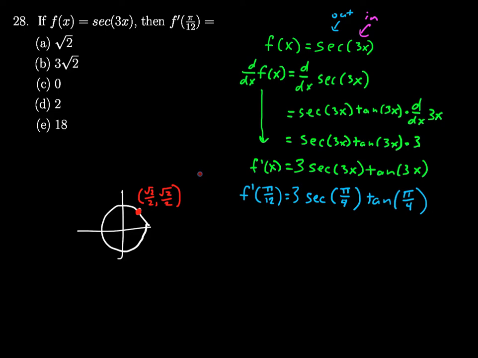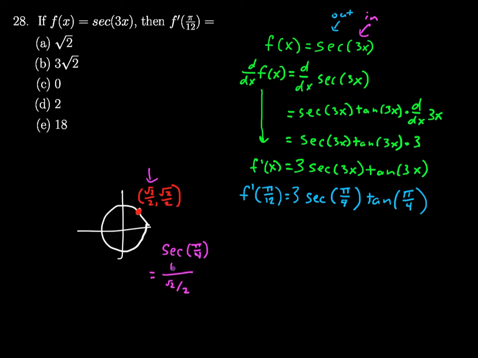So the secant of pi over 4, that's going to be 1 over the cosine. That's 1 divided by this value. Let me do this on the side. Secant of pi over 4 will equal 1 divided by root 2 over 2.